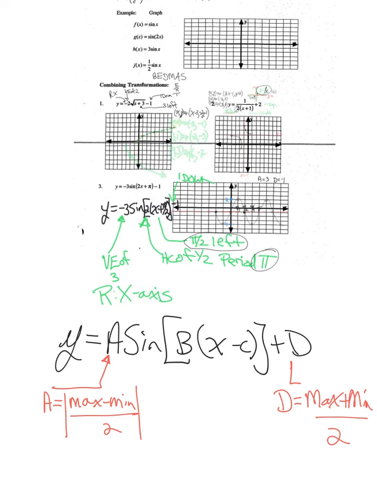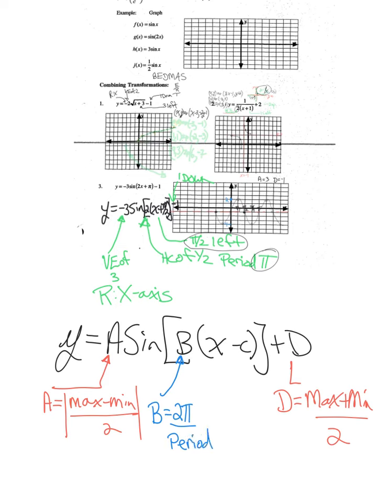Okay, so the A and the D affect the vertical component. The B and the C affect the horizontal component. The B value tells you the horizontal compression or expansion. I've got two formulas for you. B is equal to the normal period of your sine graph, 2 pi, divided by the period of the one you were trying to graph.